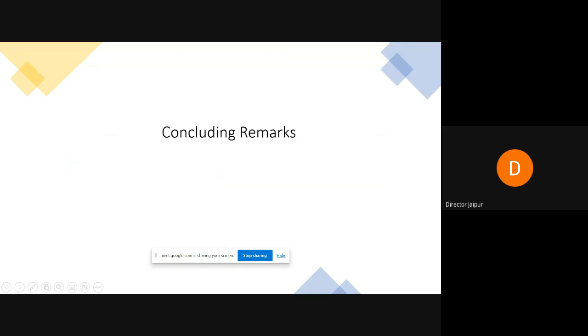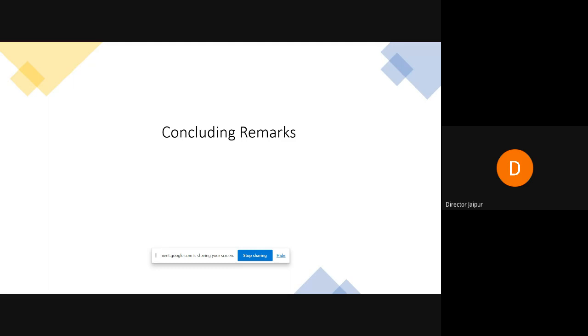Now, concluding remarks. I have not written anything here because when we properly understand design thinking, with the examples that I have given, you will definitely benefit and develop digital literacy for the betterment of society.